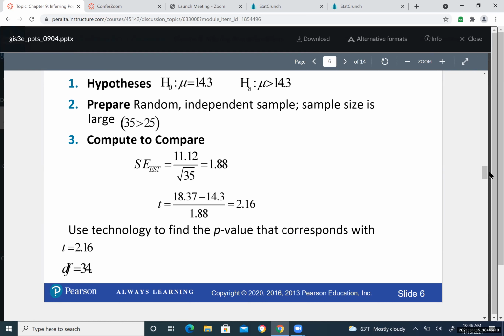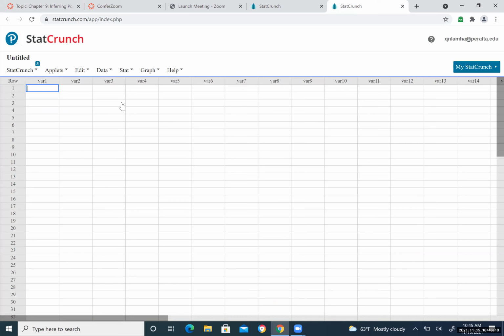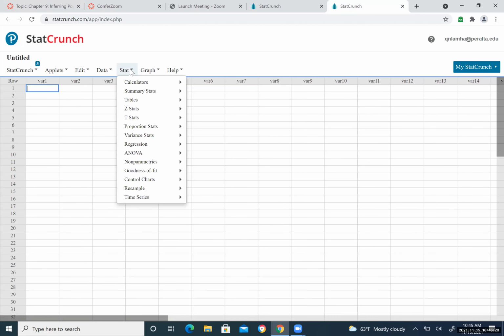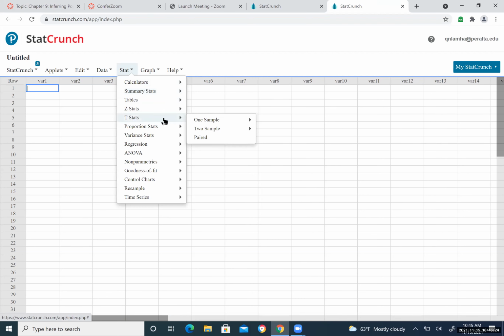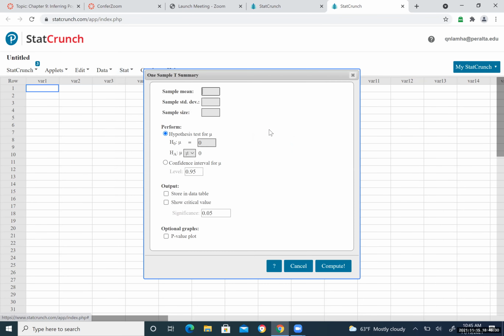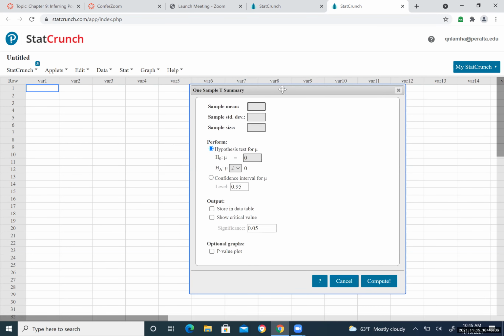To run StatCrunch for this example, I go to StatCrunch. Let me close this. You go to Stat and you go to T-stat. We're talking about one mean, one sample with summary. Now we'll type it in. Sample mean, what is it?